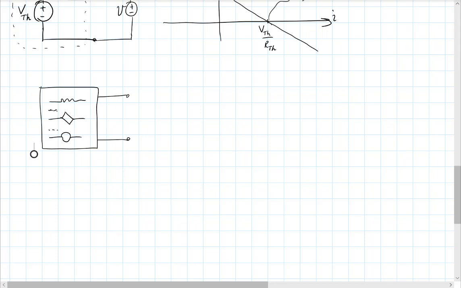You just measure, quote unquote, on paper, in this case, the open circuit voltage, which means you just calculate the voltage between those 2 points, or measure using a voltmeter in the lab.